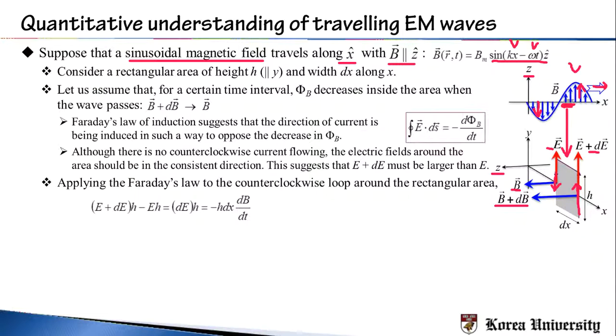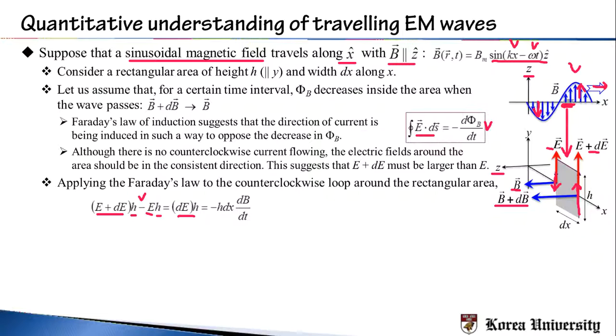Now let's apply Faraday's law of induction. Along this loop, we integrate the electric field. On the right side it is the electric field multiplied by the length, the height h, and on the left side it is going down, so it's minus E multiplied again by h. Therefore it becomes dE multiplied by h. And how about the time-dependent change of the magnetic flux?